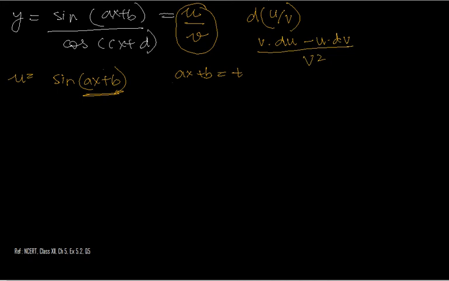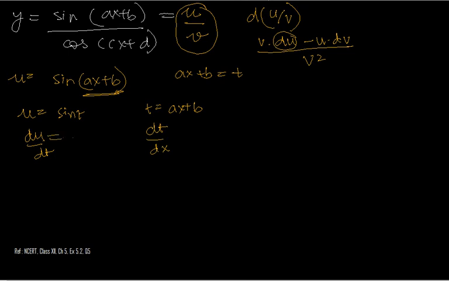So you need to find out first of all the derivative of u here. So for that, how will you do? You will just substitute ax plus b, say it's equal to t. So your u could be written as sine of t, and t is nothing but ax plus b. So from here you will find out du by dt, and from here you will find out dt by dx.